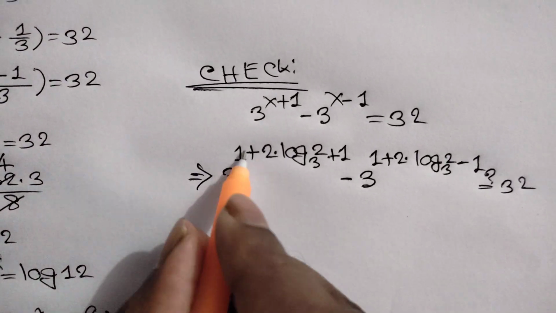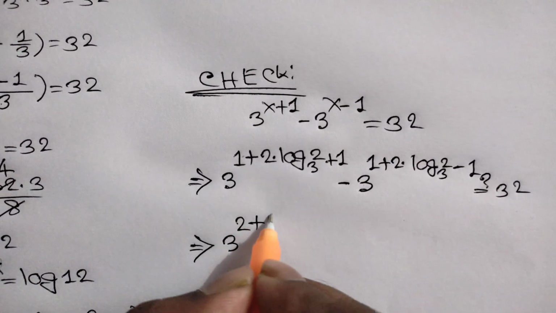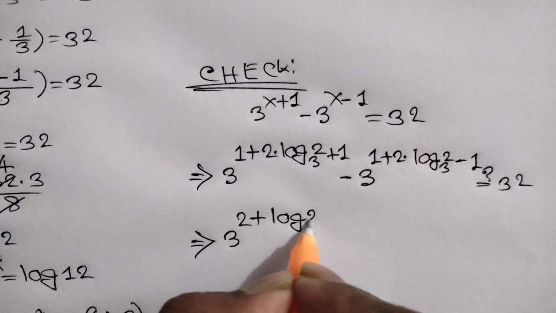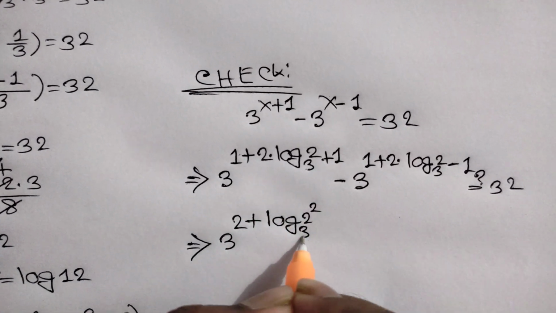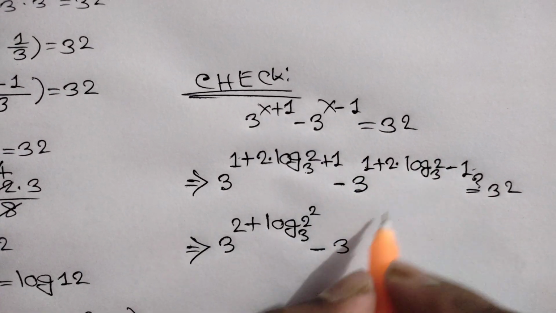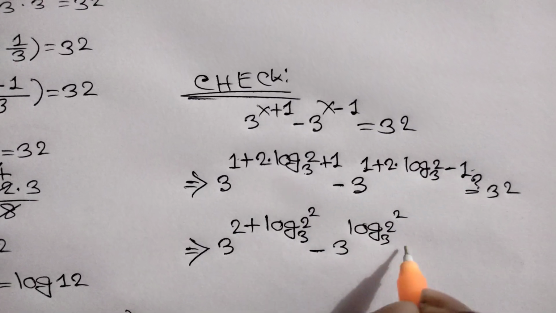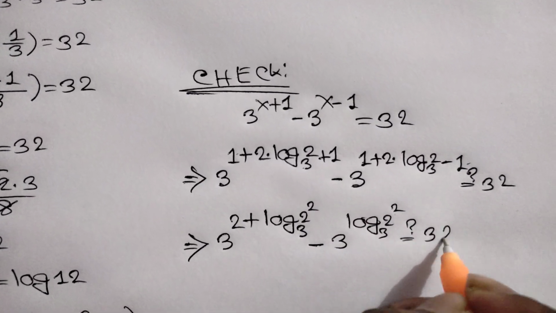Or 3 to the power 1 plus 1 is 2 plus here we can write log of 2 square base 3, minus 3 to the 1 cancels out 1, so here we can write log of 2 square base 3, is it equal to 32?